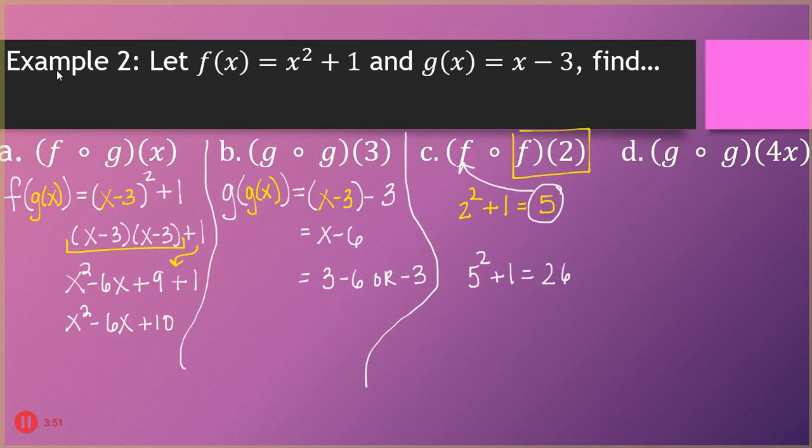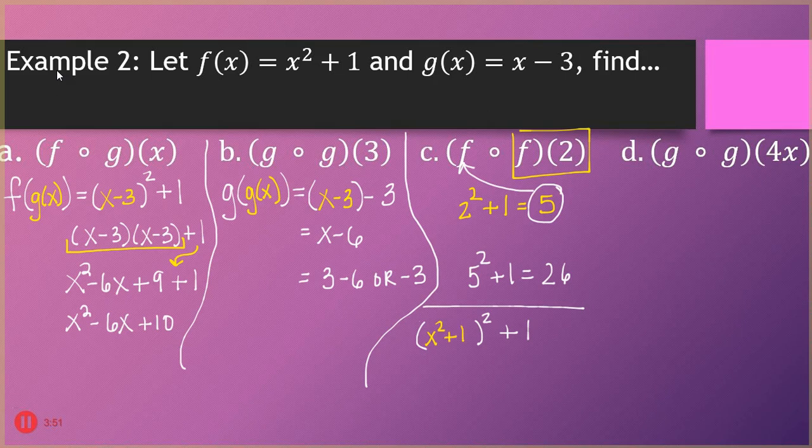If you don't want to do it that way, you can always do your composition to find your function and then substitute in the number at the end. If we do it that way, I would have to take my x squared plus 1. So I have x squared plus 1, but then I'm going to drop that same function back in it.